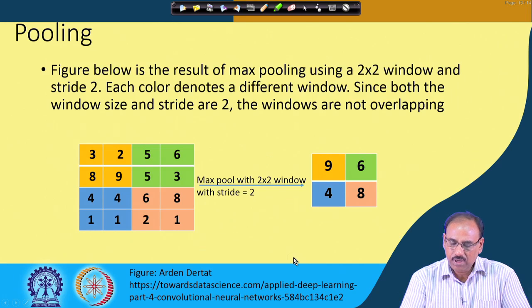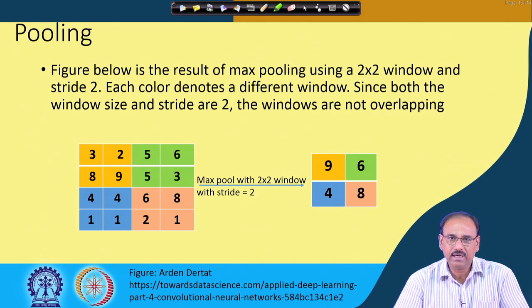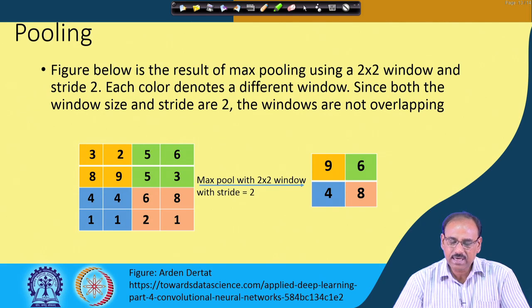Given these two, as an example, if my input feature map is as shown on the left hand side, I can have different types of pooling. I can have max pooling, I can have average pooling, and so on. Here it shows a simple pooling operation, which is max pooling. On the left hand side, we have a feature map of size 4 by 4, and max pooling over a window of 2 by 2 looks at the feature values in the window, and whichever is the maximum feature value is put in the output.